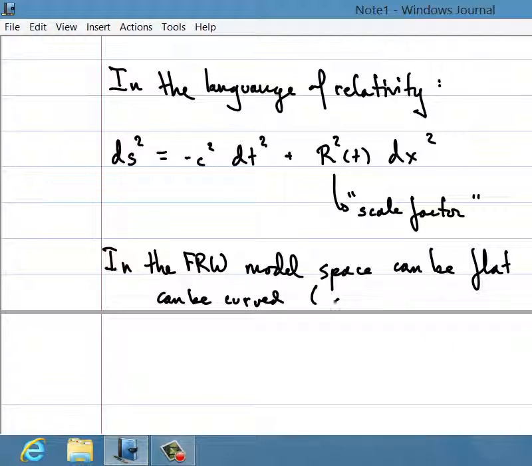In particular, it could be spherical, so it could be the three-sphere that Einstein thought was the geometry of space, or it could be a hyperboloid.